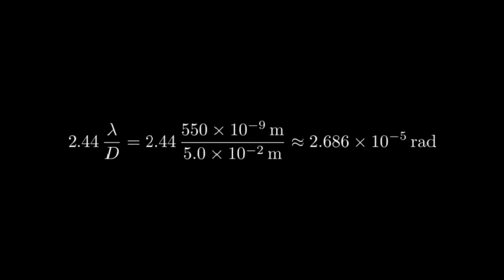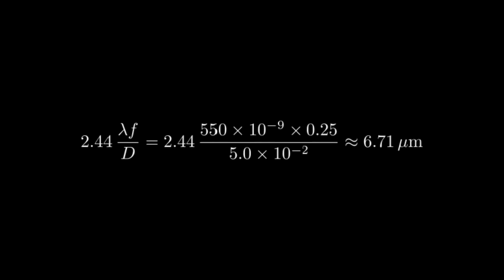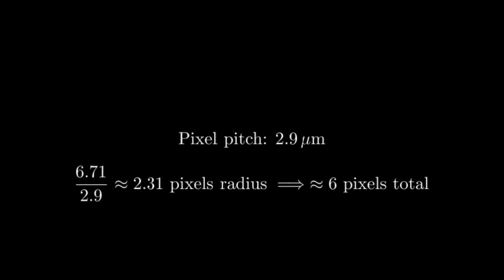So again, we're just going to use the C-star as 50, calculate how many radians that's going to be, and convert that into arc seconds. We know how big that will be on the sensor, and we know how big each pixel is on the sensor. So we could figure out approximately how many pixels the Airy disk is going to end up covering.